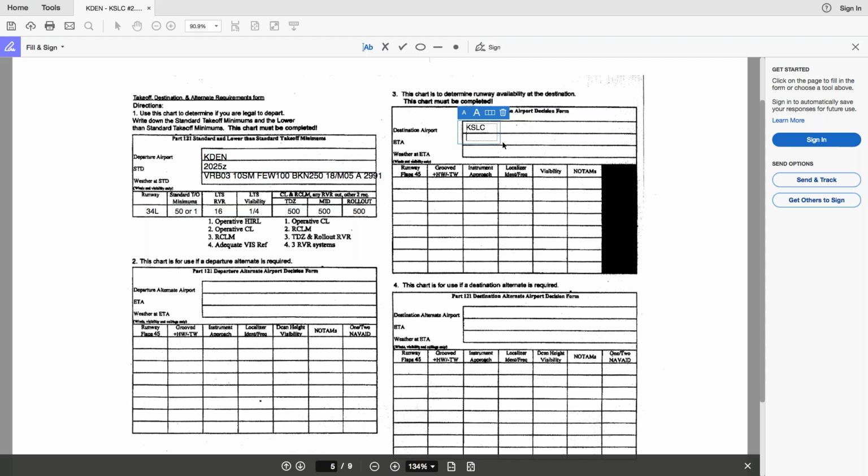KSLC. What was our ETA that we figured out? 2136. So 2136. And our weather, starting at the winds: 170 at 10 knots.